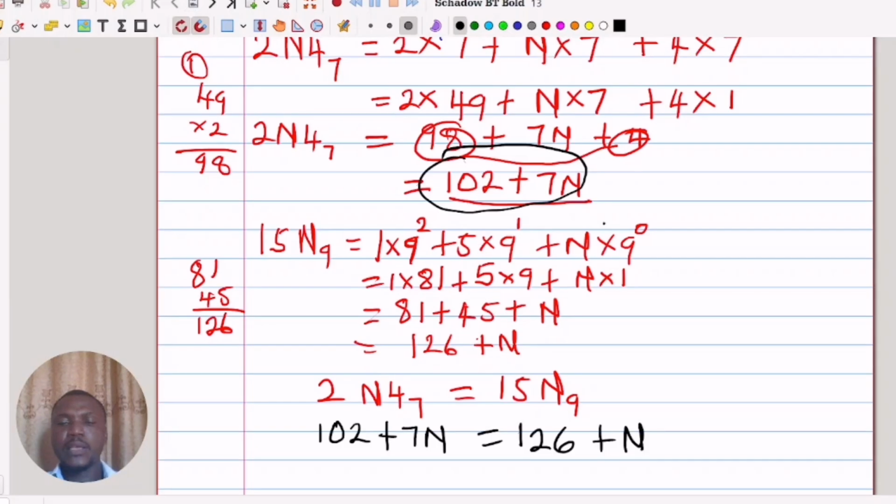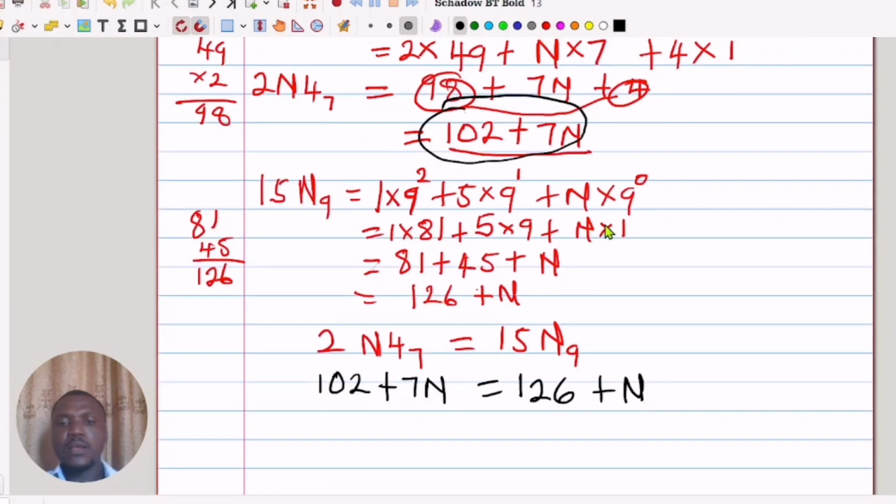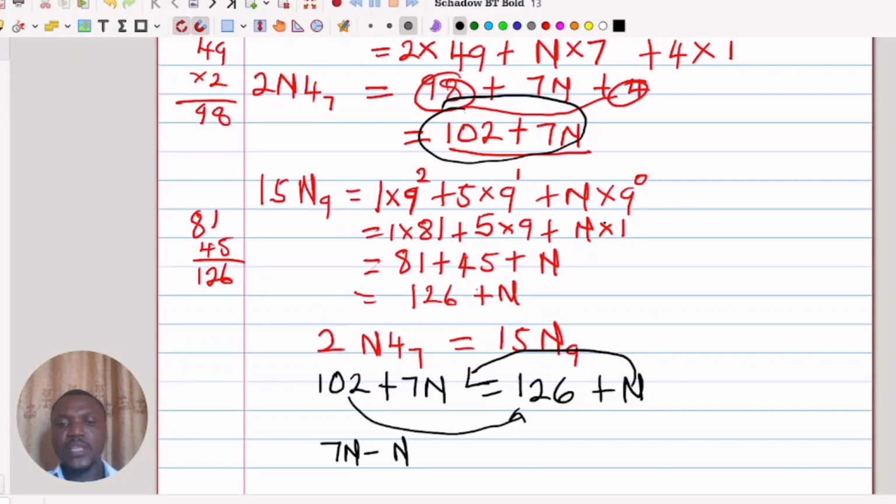In order to make n the subject of the formula, I'm going to move this n to this place, and I'm also going to move this 102 to this place. If I move this n, the 7n, the sign will change and turn to minus n, equals 126. When we move 102 to the other side, it turns to minus 102.